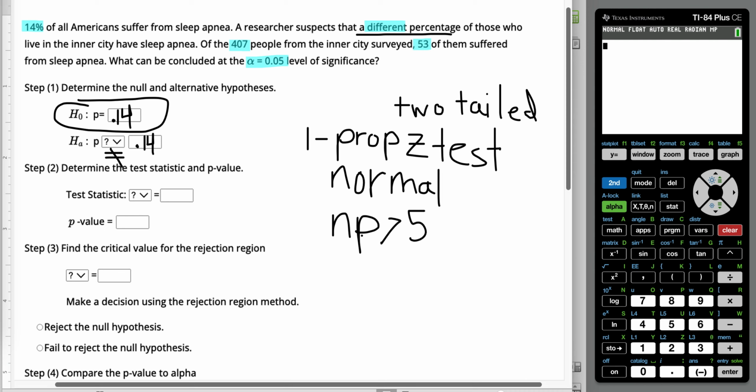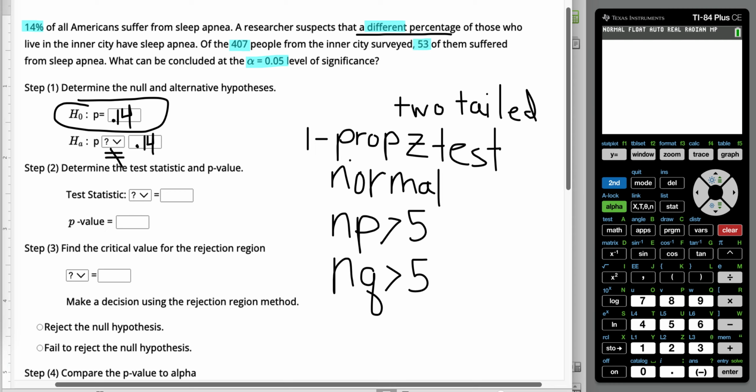Remember, p is our proportion for success. We also need to check that our sample size times q, which is our proportion for failure, is greater than 5. And in this case, it is, so that we can use the one prop z-test.